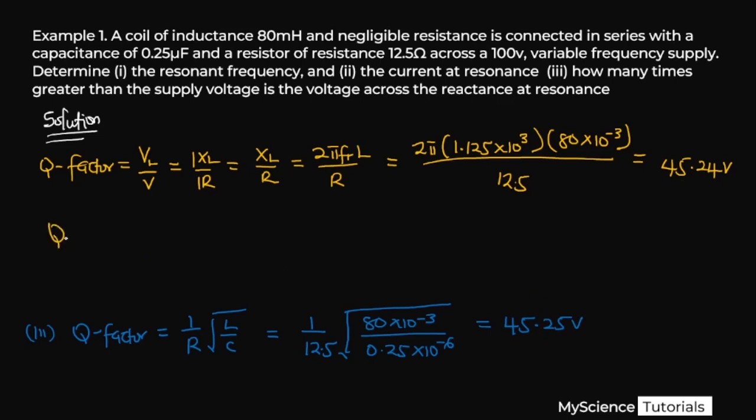Or we can also say Q factor is equal to VC over V, and we saw earlier that this is 1 over 2 pi resonant frequency CR.